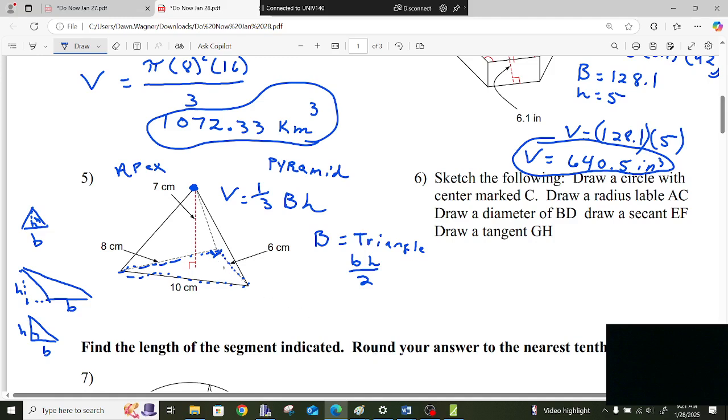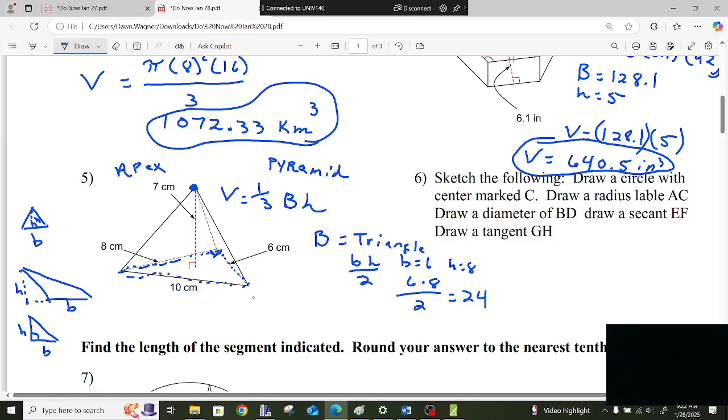Your height and base is what makes that right angle that it's sitting on. So, to find the area of the base, we're going to do base times height divided by 2, where our base and height are 6 and 8. So 6 times 8 divided by 2 is going to give us what, 24?